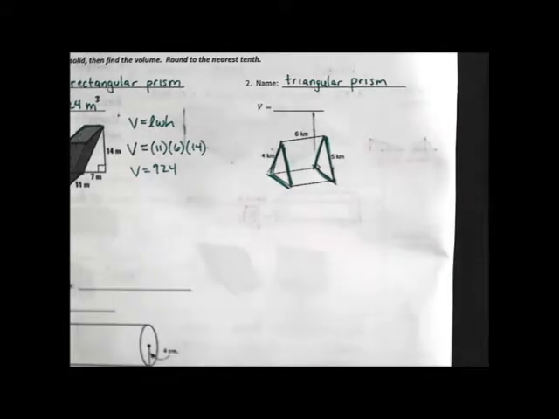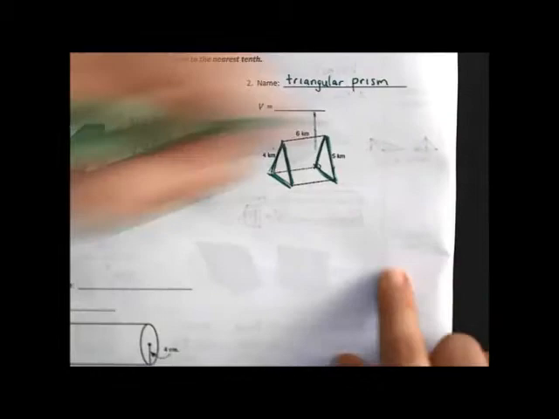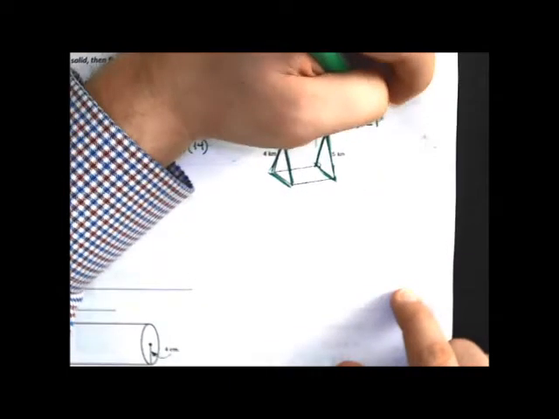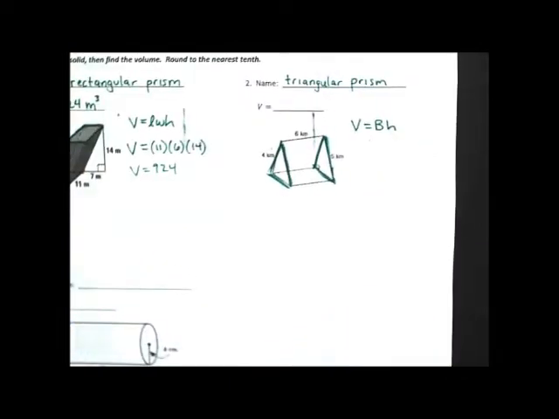Now, I need to figure out the area of the base, right? Because our general form of volume is area of the base times the height.